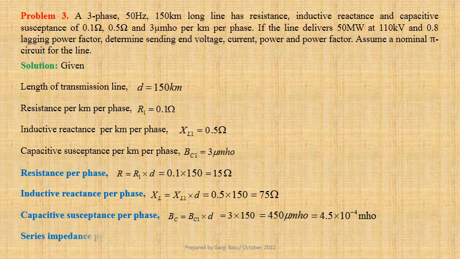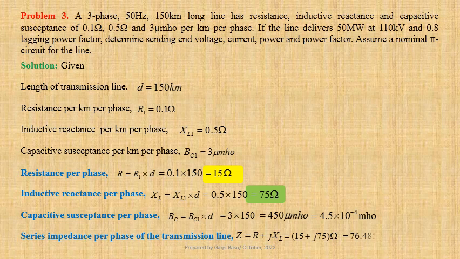Series impedance per phase of the transmission line Z equals R plus JXL, that is equal to 15 plus J times 75 ohm. This may be written in polar form as 76.4853 ohm at an angle 78.69 degree.